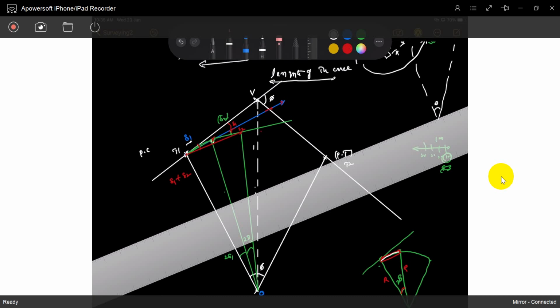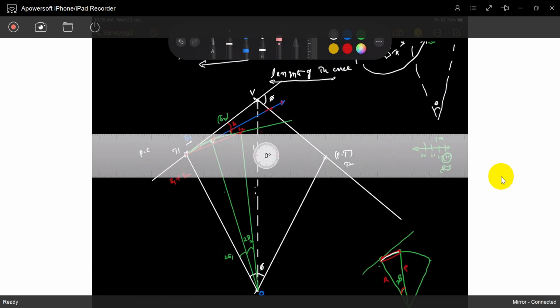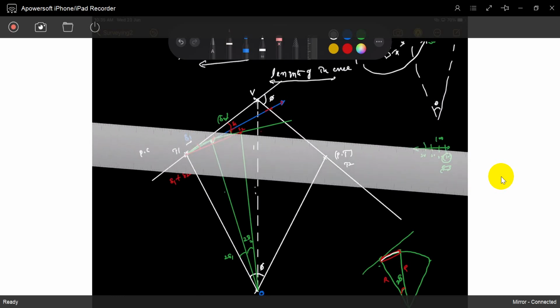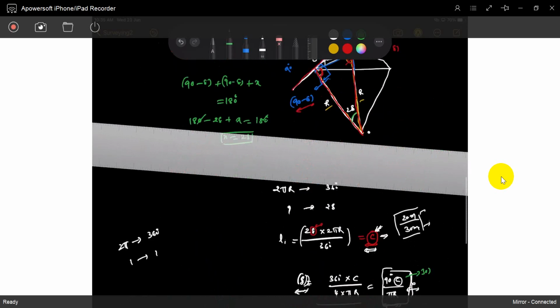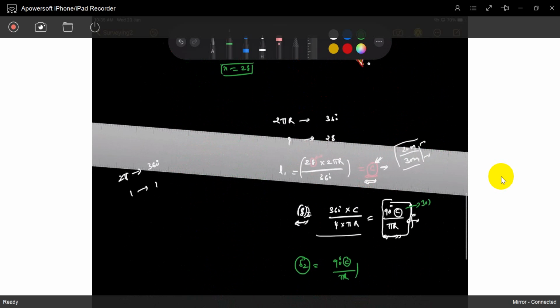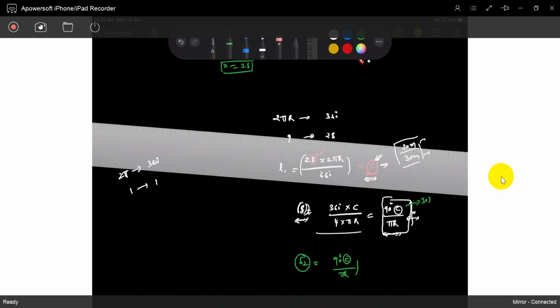Next, once again from this point you make another angle, based on another chord length, depending on your field requirements. You take some other delta 3, some other C2. First C1 is 30, C2 is maybe 10. Most probably we will use the same chord length: if you take 30, we take 30, 30, 30.